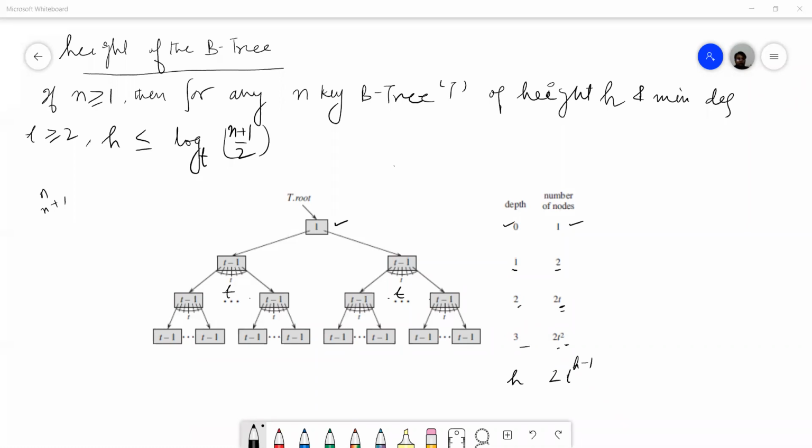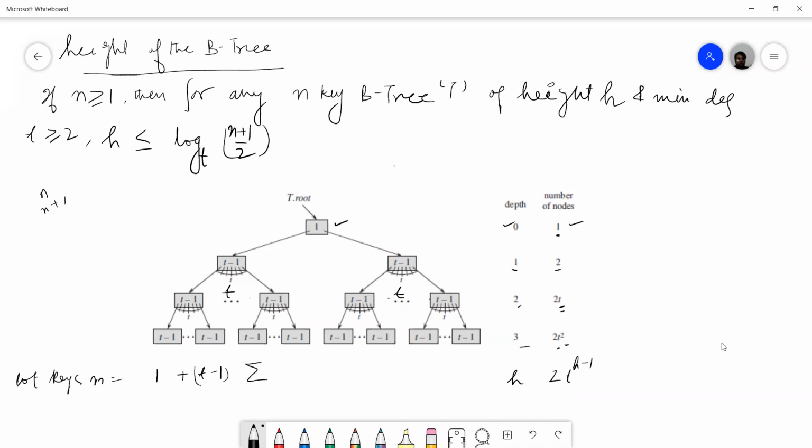So let's calculate it. These are the number of nodes. At height h, we have this many nodes. So if we calculate the total keys, there is this one key at the root, plus t minus 1 keys in each node.